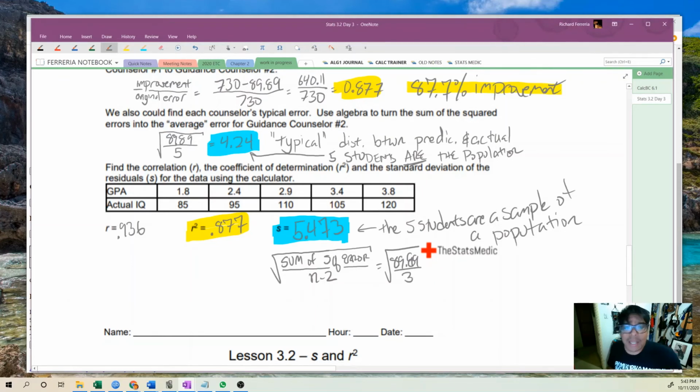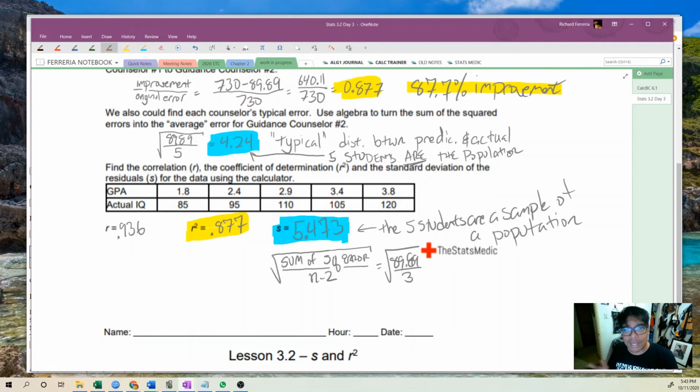You might be asking, why are we dividing by 2? One of the ways people talk about this is, if you think about any line, all you need are 2 points to fix exactly where that line goes. So the idea here is we're dividing by n minus 2 because we don't know the 2 magic points for this line.